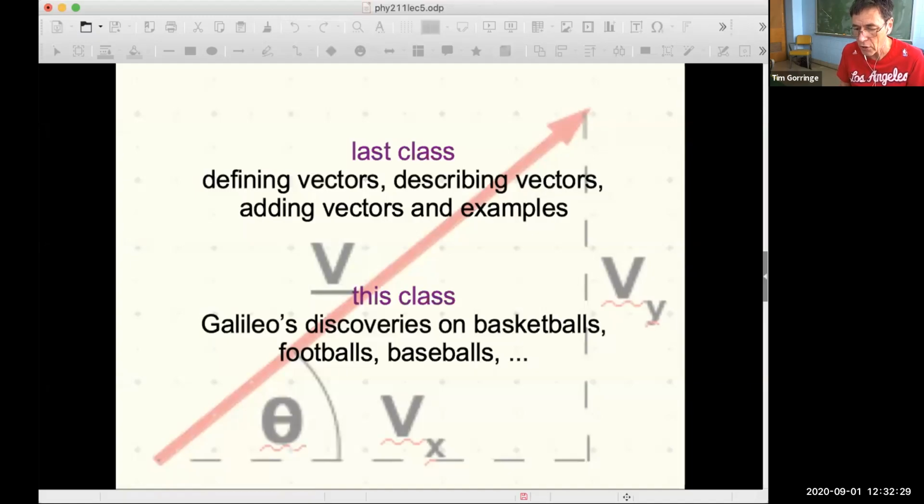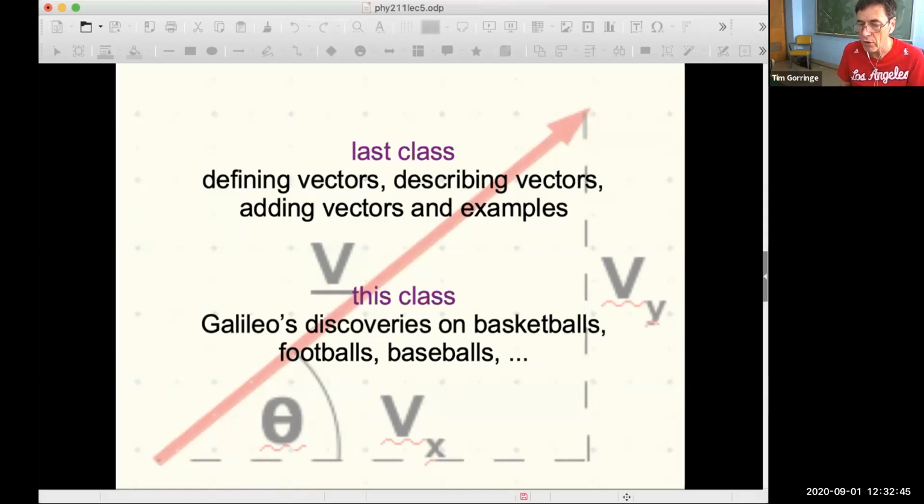And we're going to talk about what we call projectile motion. Now, classic examples of projectile motion are, for example, if you throw a basketball, throw a baseball, you kick a football.